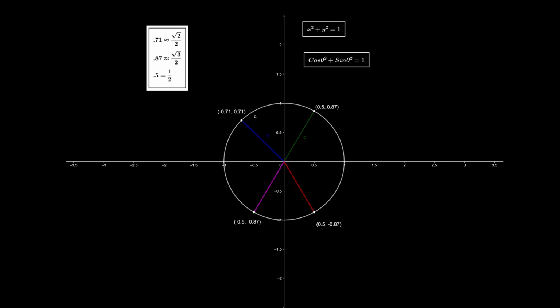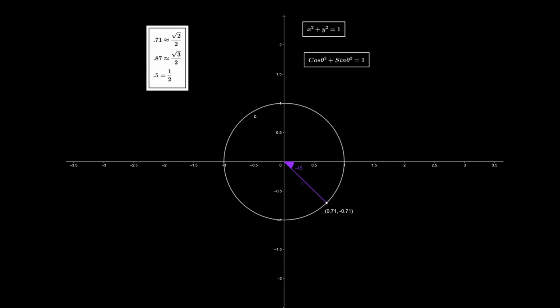Whether we use degrees or radians, the values of cosine and sine are still related to the x and y coordinates of these points. We can even use negative angle measures.